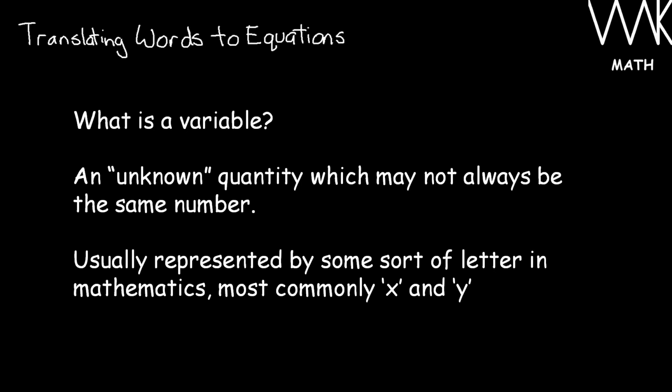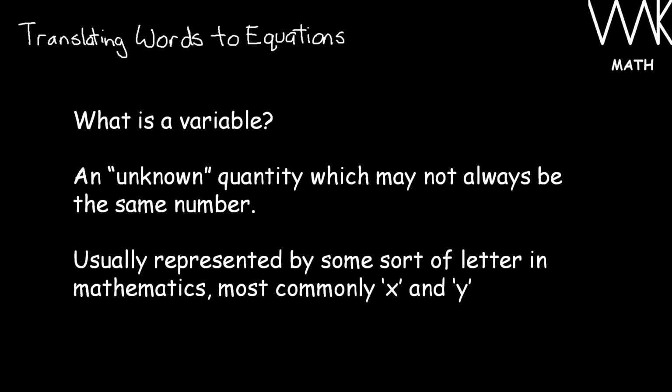Now, variables are usually represented by some sort of letter in mathematics. We usually use x and y. For example, we could say x is the number of apples. Now, what happens if we have two variables in play? Say we have number of apples and number of oranges. How do you represent them? Well, these two are completely different things.